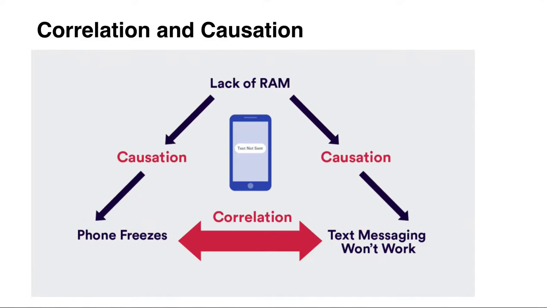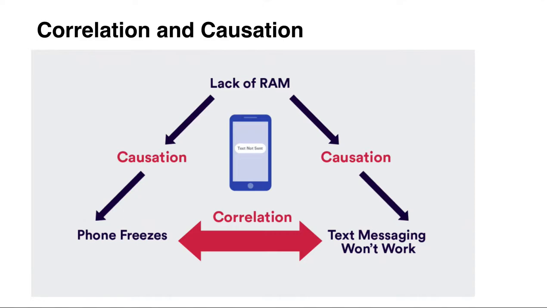You could say, hey, the increase in ice cream sales is causing a lot of people to drown, because if you plot over time you could see that they're both correlated. But you cannot say that one is caused by the other.